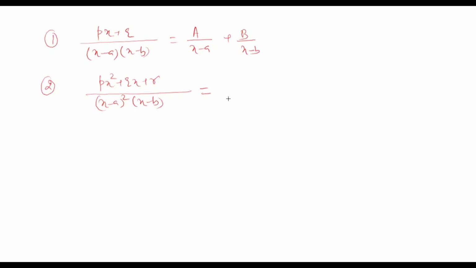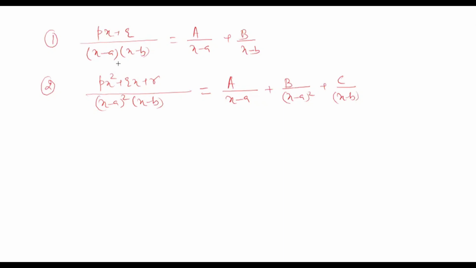So the rule here is that it would be written as A upon x minus a plus B upon x minus a whole squared plus C upon x minus b. So you can convert this kind of fraction, which is still a proper rational function, because here the degree is 2, here it is 3. You can convert it like this.